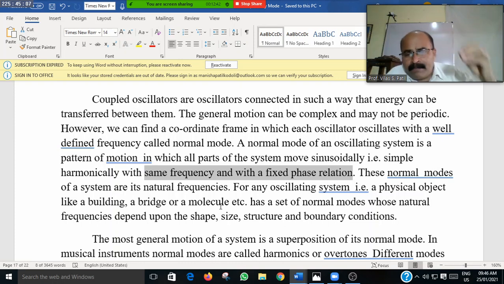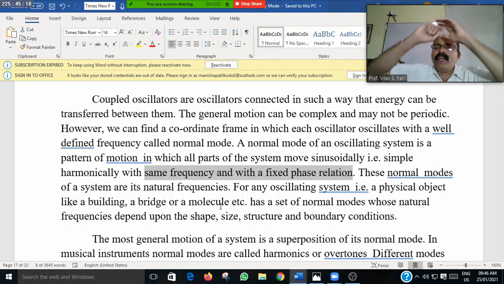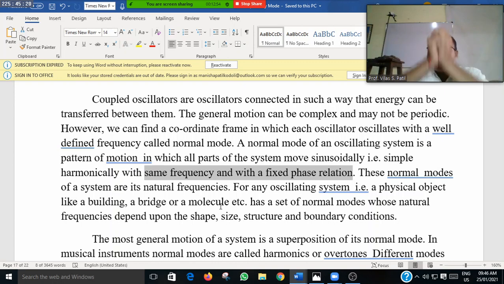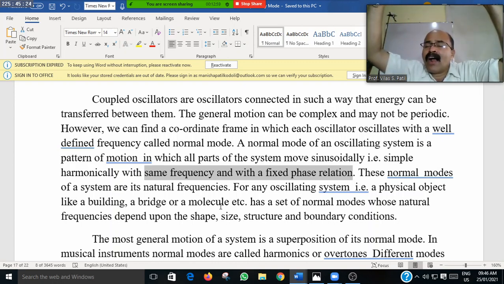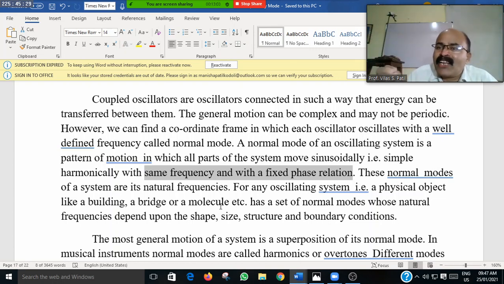Consider a building. It does not physically oscillate about the mean position, but if external energy is given to the building, if we hammer on the top of the building, then the vibration of that hammering will be slowly transferred everywhere. That is known as a coupled oscillation.